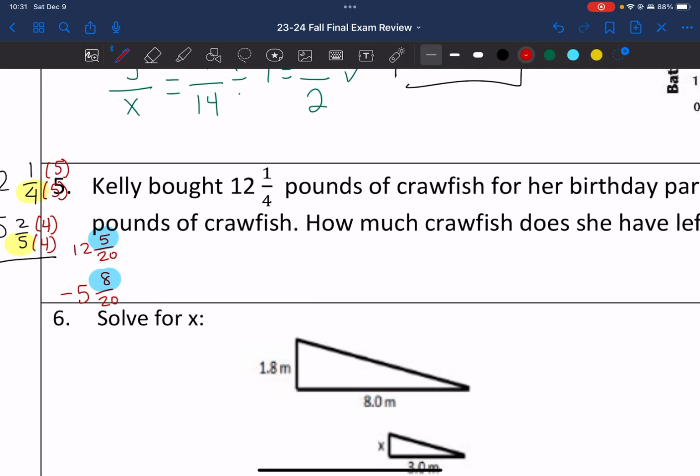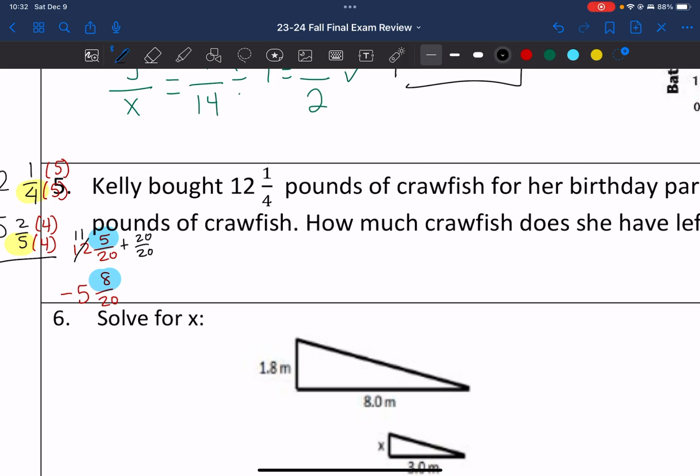What we're going to do now, I'm going to do this in black, okay, is I am going to borrow from the 12. I'm going to make that an 11, and I'm going to add 20/20. Because remember, this 20/20 turns into a 1, which if I put it back over here makes that a 12 again, okay?